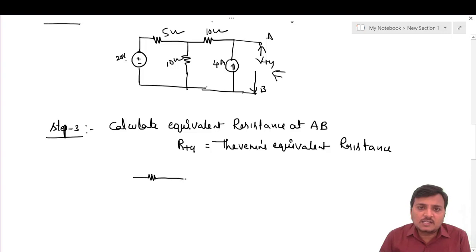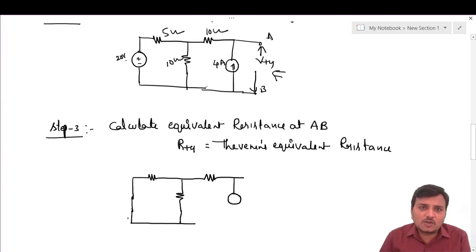Suppose here, this is your 5 ohm resistor, 10 ohm resistor, again 10 ohm resistor, and your voltage source is replaced with a short circuit because the internal resistance of the voltage source is 0. For reference, go to the superposition theorem video, where we explained the internal resistance, linked in the description.